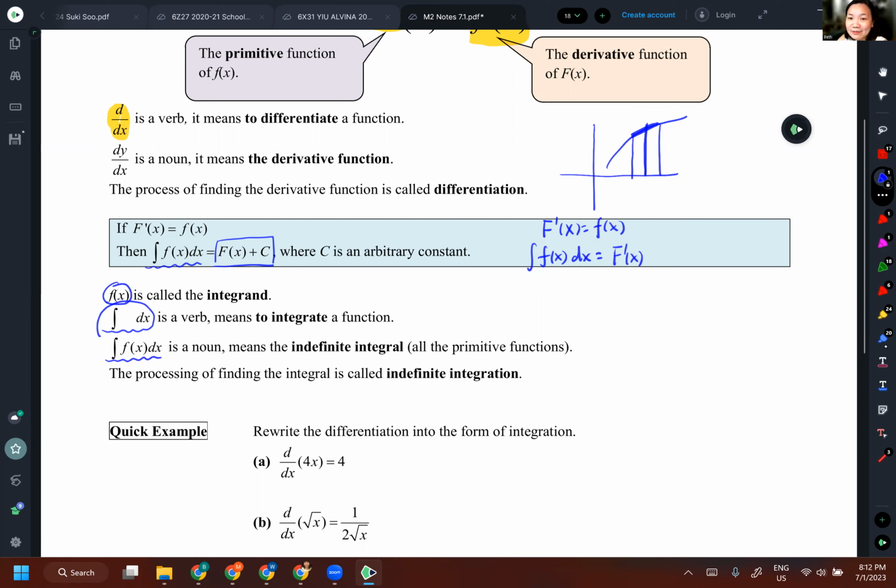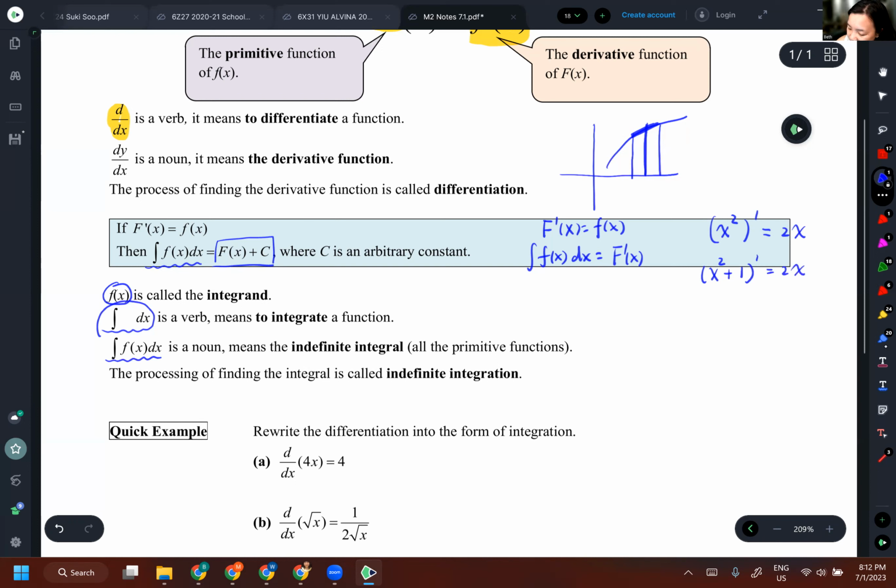Now, I think it's very easy to understand because for different functions, sometimes their derivative functions are equal. For example, x squared derivative equal to 2x. X squared plus 1 derivative also equal to 2x.